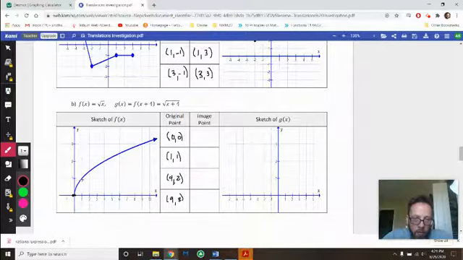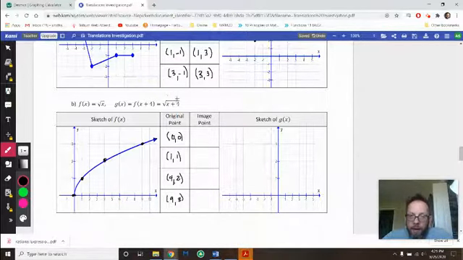Plot those 4 points and make a graph yourself. However, for the purpose of just getting some more examples in, I've made that graph for you guys. But again, full disclosure, I would expect you guys to be able to make this graph and generate these points on your own.